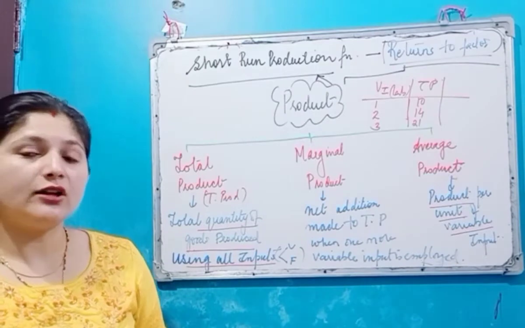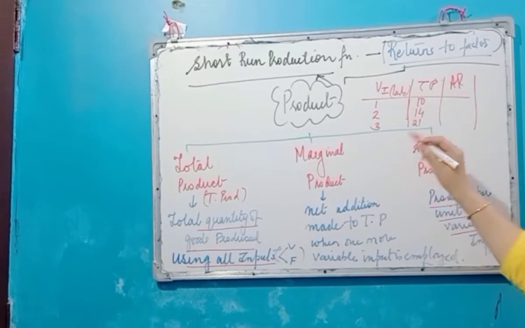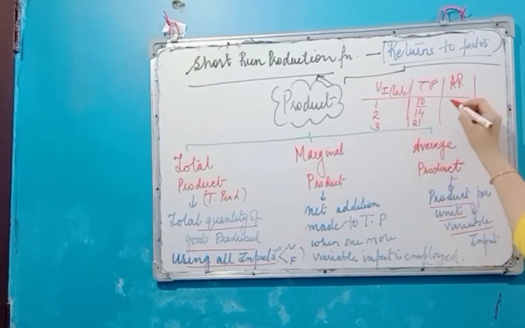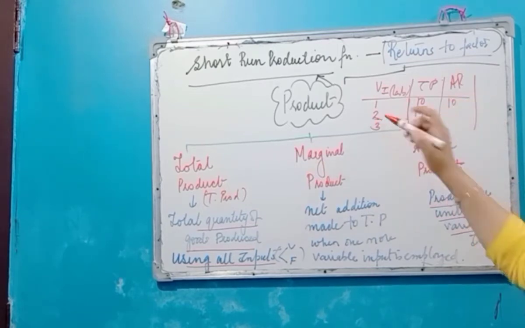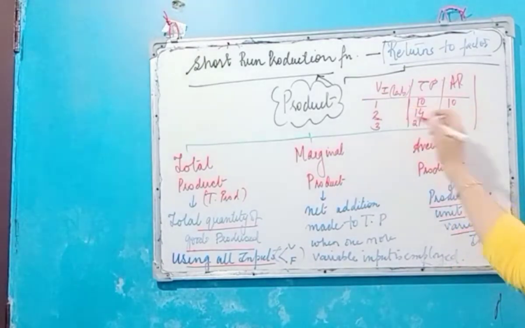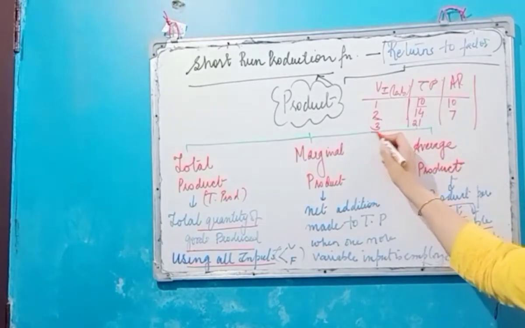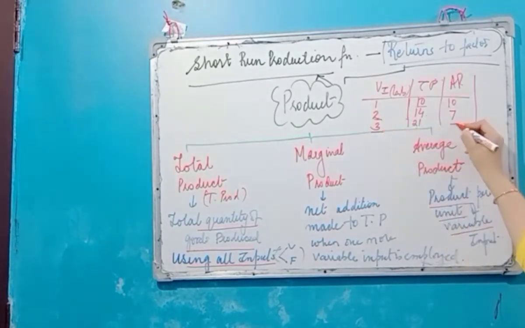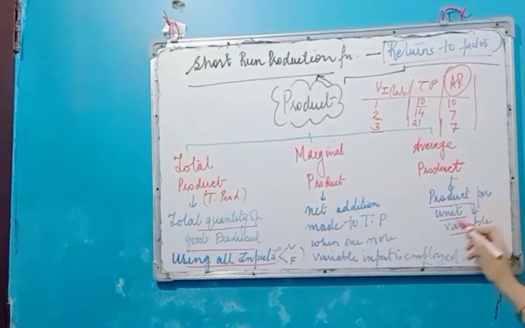So average product would be: if one labor is producing 10 units of output, what is the contribution by one labor? 10. If 14 units are produced by two laborers, each labor is contributing 14 divided by 2, which is 7. And if 21 goods are produced using 3 laborers, 21 by 3 is again 7. So this is average product, the production per unit of variable input.